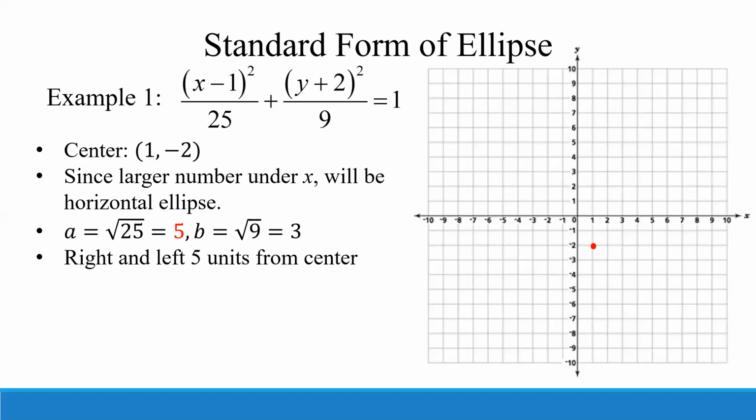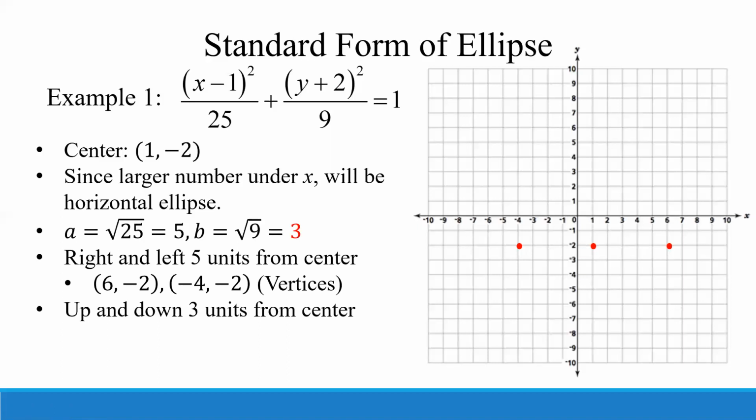And again, graphically, I'm just going to put those points in here. So if I move 1, 2, 3, 4, 5, and 1, 2, 3, 4, 5, both directions, and then I just write down what those points are. So this point is going to be your 6, -2. And then that point is your -4, -2. And those are my vertices, because they're the longer distance.